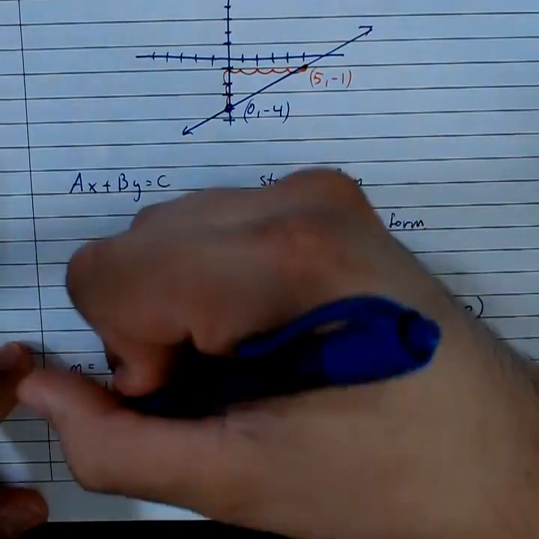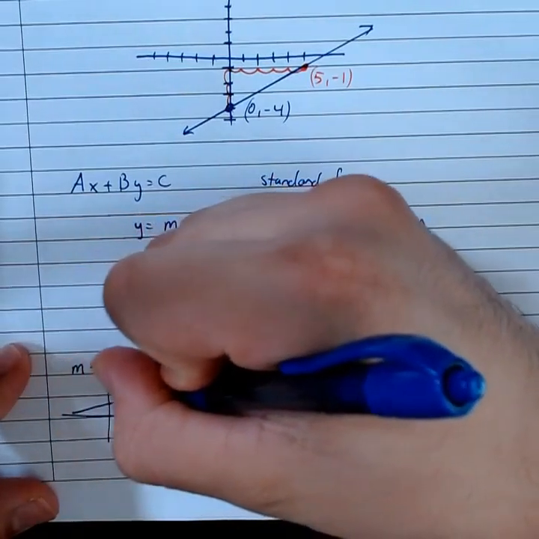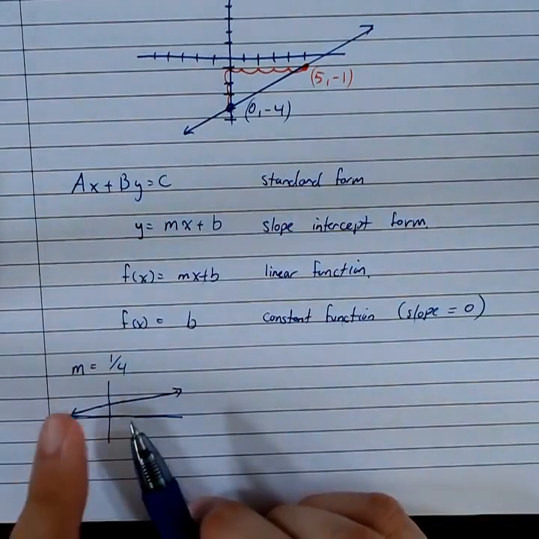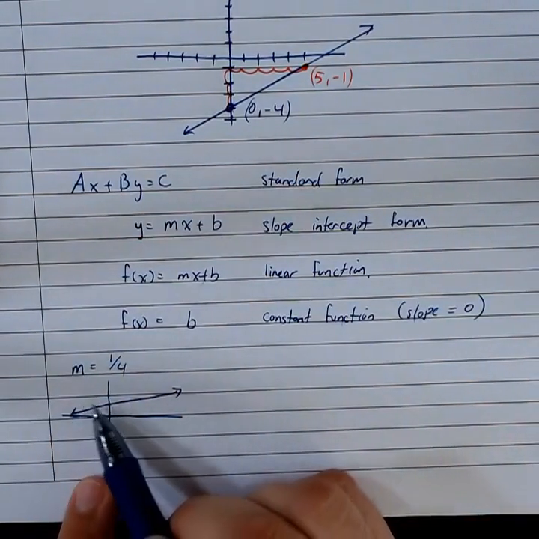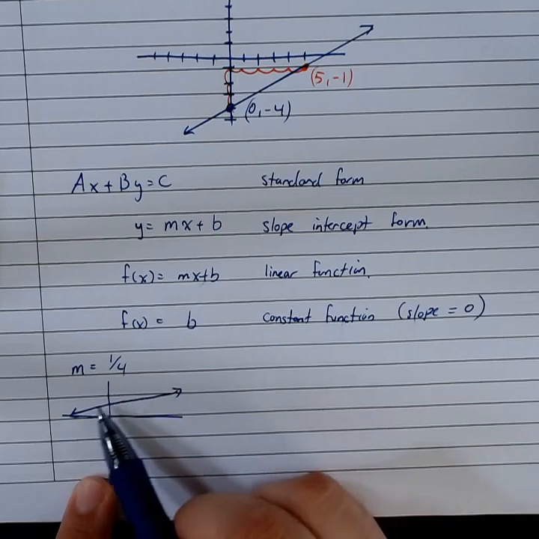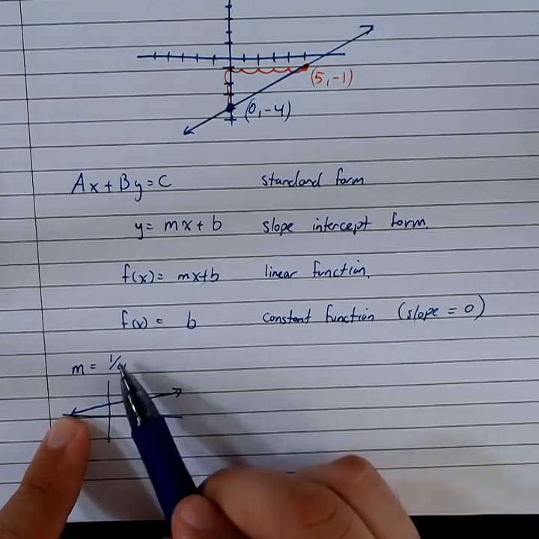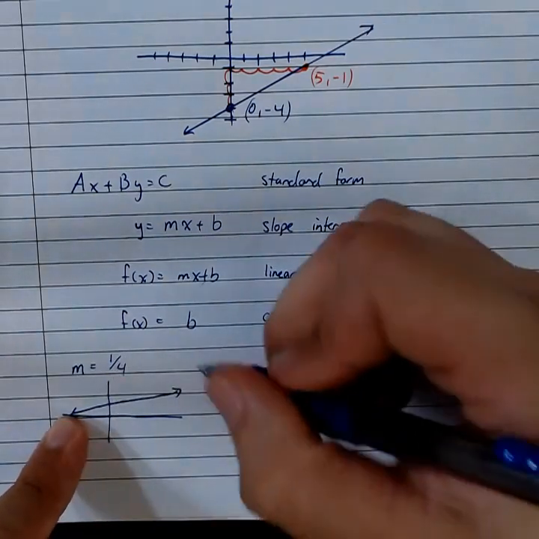With a small number, that means it's going to go up very, very slowly, though. When we say up, we mean from left to right, right? I could say, okay, that's going up, or I could say it's going down. Yeah, but when we talk about slope, we always go from left to right. So here this is from left to right, it's going up. But it's going up very slowly, hence the small number.